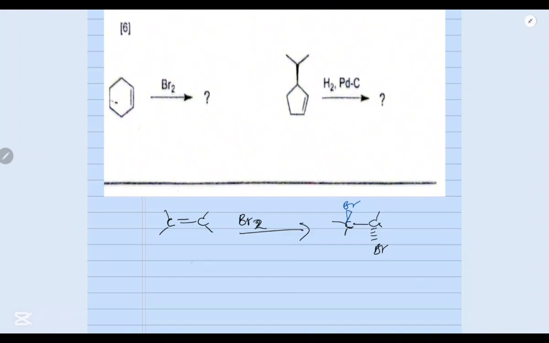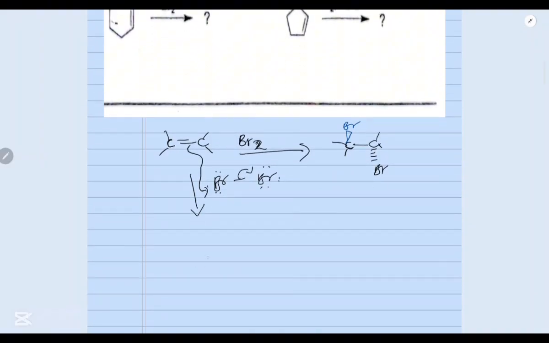How is this achieved? The double bond will be used as a nucleophile attacking this bromine, expelling the other bromine, Br, connected to a carbon.